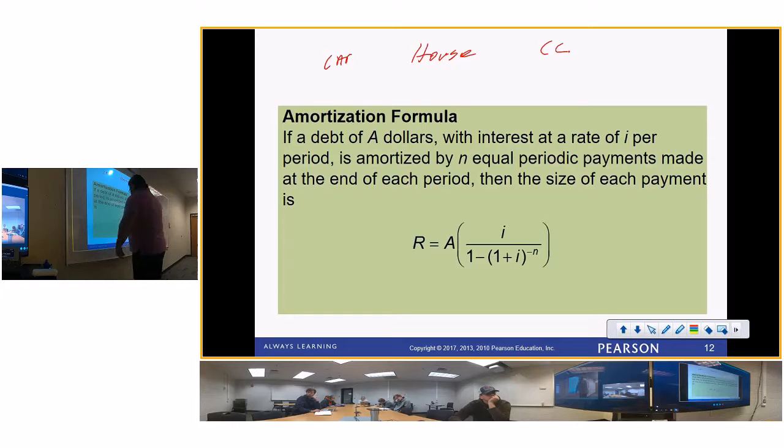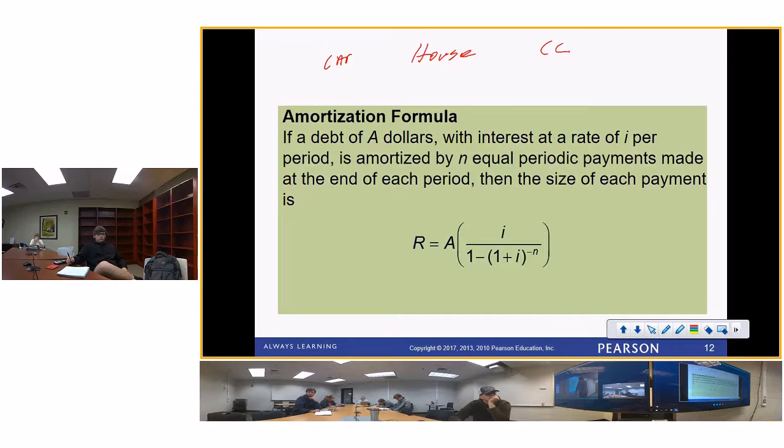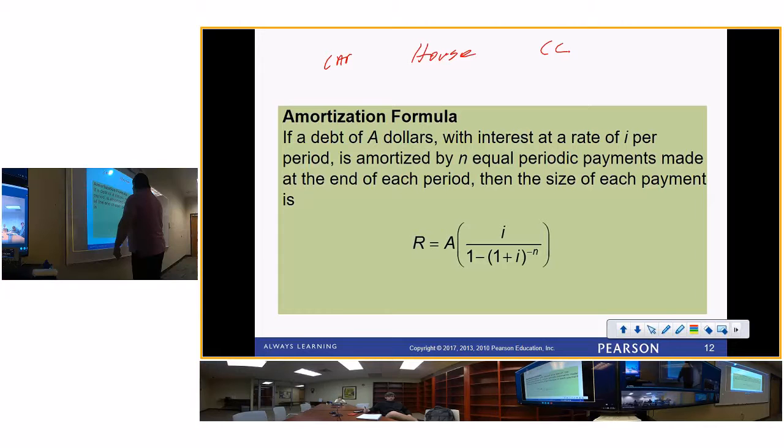A, the payment, is equal to the principal, because the principal is what the loan is, times R over N, over 1 minus 1 plus R over N raised to the negative N T power.